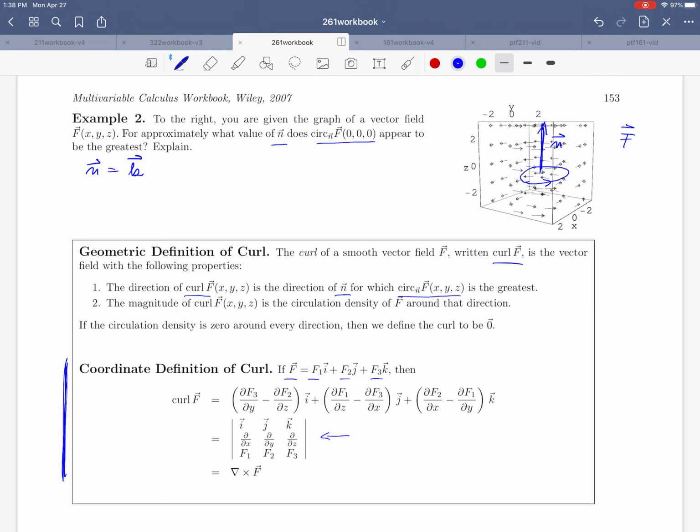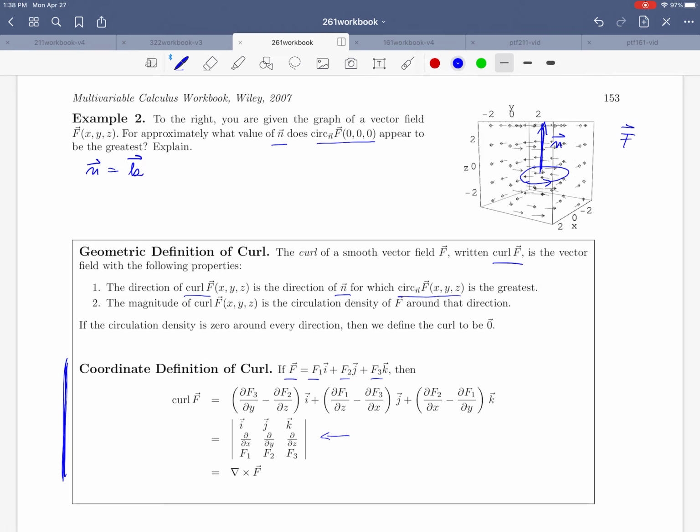Just as we saw in example 2 above, if I pick a point, I can stick that paddle wheel in different directions, and I get different circulation and different circulation density depending on what direction n points. Only one of those directions is going to give me the greatest circulation density. And so that will be the direction of curl F.